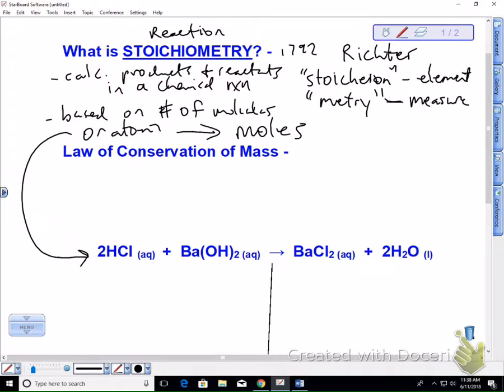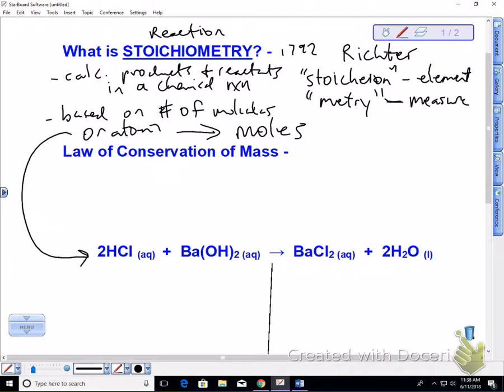And then we can look at the ratios, 2 to 1s, and we'll talk more about that in a second. But if I just scale that up using Avogadro's number, which would apply to each reactant and product, I could also read that reaction this way. 2 moles of hydrochloric acid plus 1 mole of barium hydroxide yields 1 mole of barium chloride plus 2 moles of water. So it all scales up.